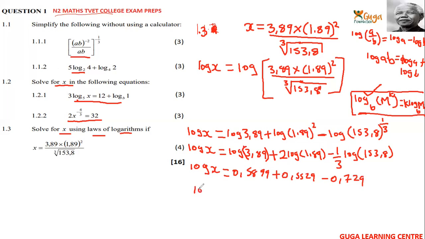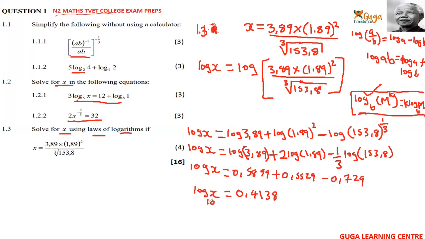Then log of x, you can just sum this up, you should get 0.4138. Mind you, if there is nothing, it means that you've got base 10, right?